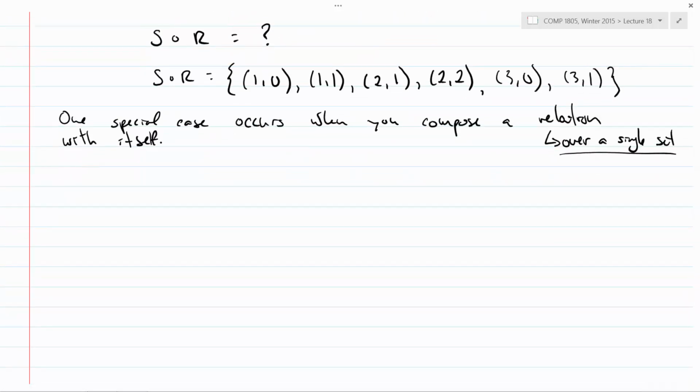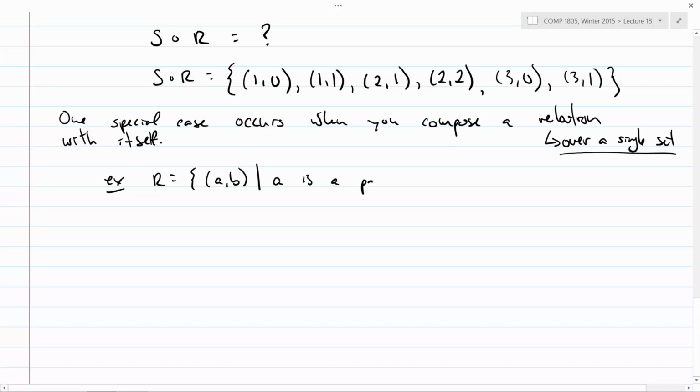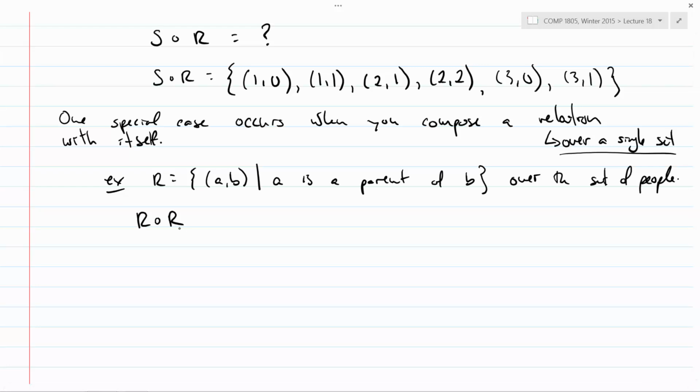So here's an example. The relation R is the set of pairs AB such that A is a parent of B, and this is over the set of people. All right. So in this case, what is R follows R? Well, let's think about it for a second.